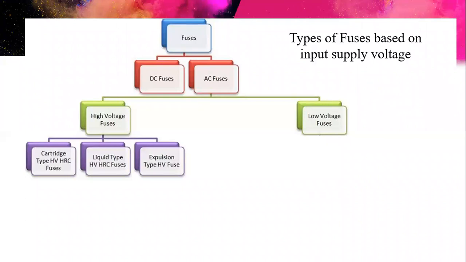Here in the liquid type fuses, the media which quenches the arc is the liquid carbon tetrachloride. Where the cartridge fuses are concerned, the media is POP, plaster of Paris, a chalk powder, and sometimes we can use this thing.